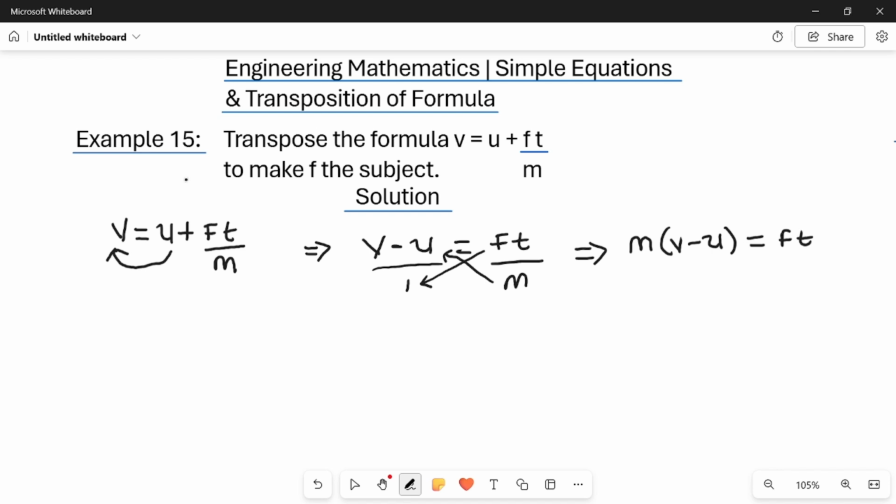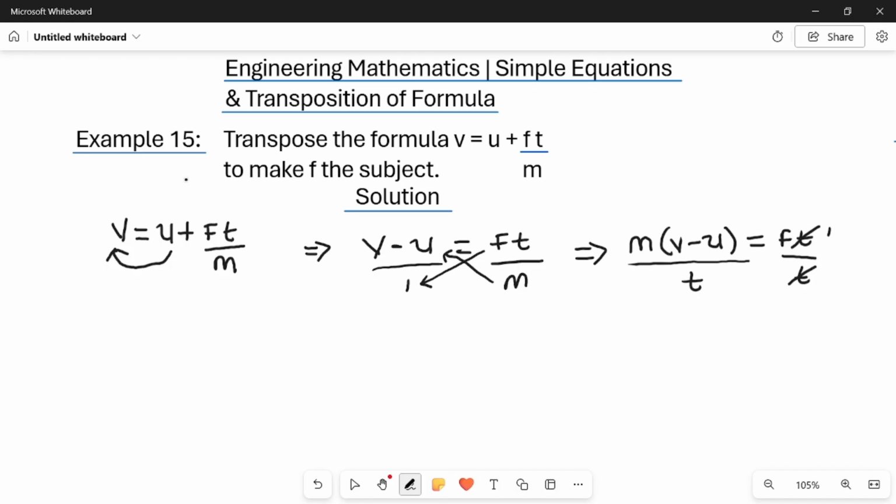So what's left? They say we should make F here the subject of the formula. So to make F subject of the formula, we have to divide both sides by T. So if we divide here by T, and divide here by T, we'll have that T here will cancel T, we'll be left with 1.